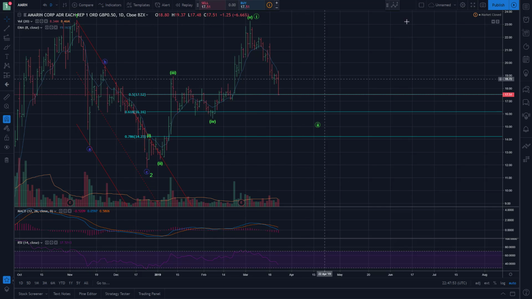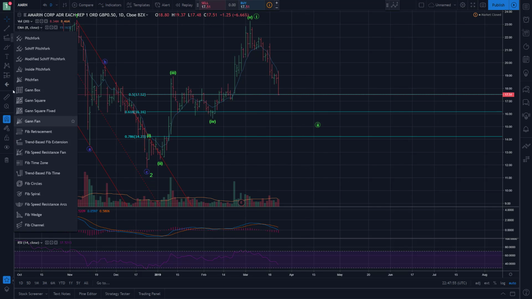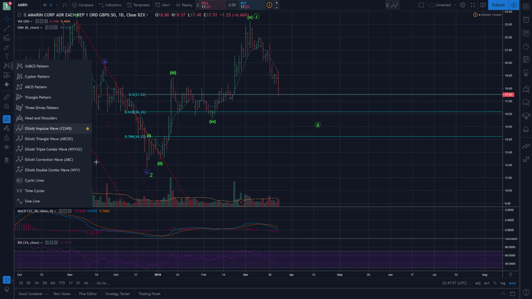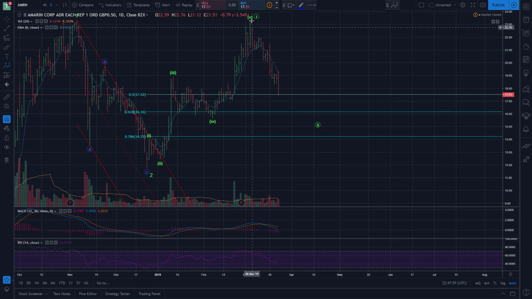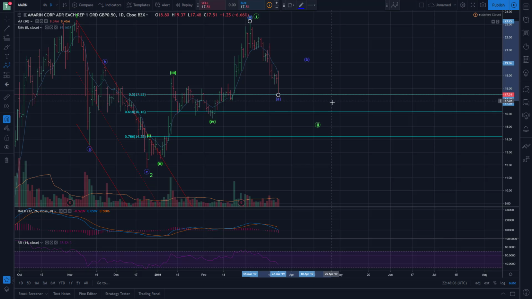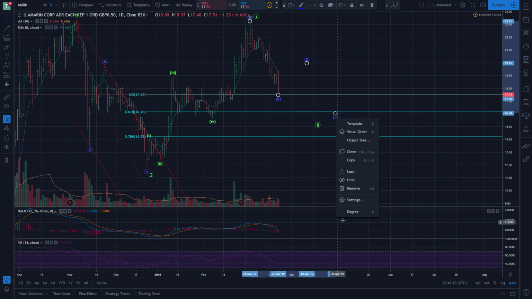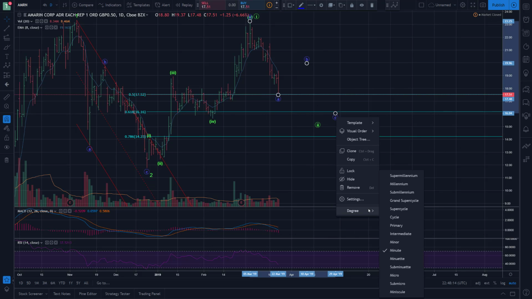Obviously we're doing our correction of this 5 up, which was definitely expected if you watched the most recent video I did on this AMRN stock. So now maybe we're working something like this, if we're just going to do a simple zigzag wave 2. Let me just adjust that degree a bit here. Actually, no, I think that would work fine.